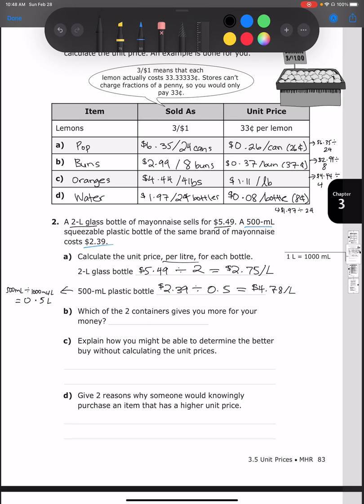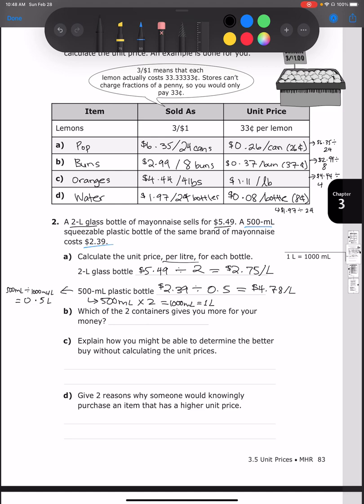Another way we can do it is by actually using multiplication. So 500 milliliters is half of 1 liter. So in order to get 1 liter with 500 milliliters, you would have to multiply 500 milliliters by 2, right? 500 milliliters times 2 would give you 1,000 milliliters, which is the same as 1 liter.